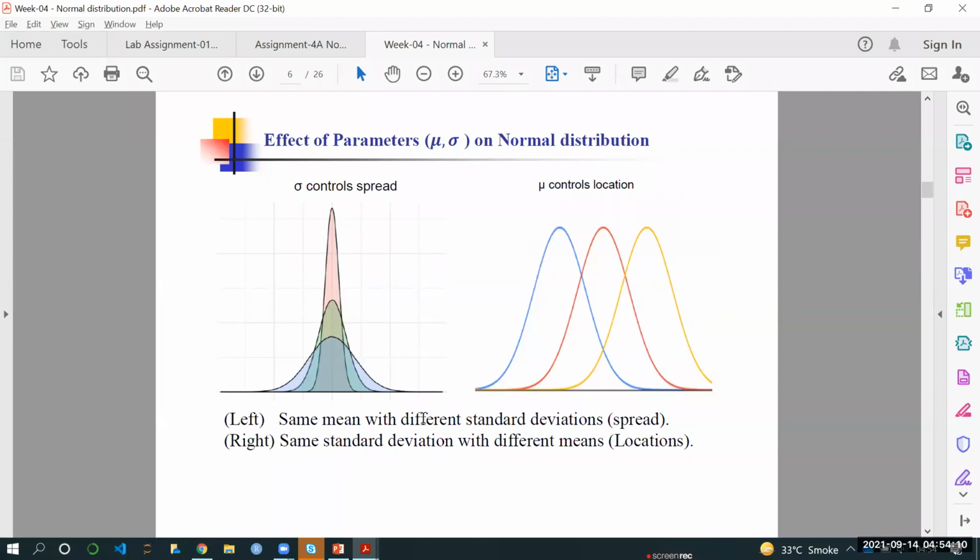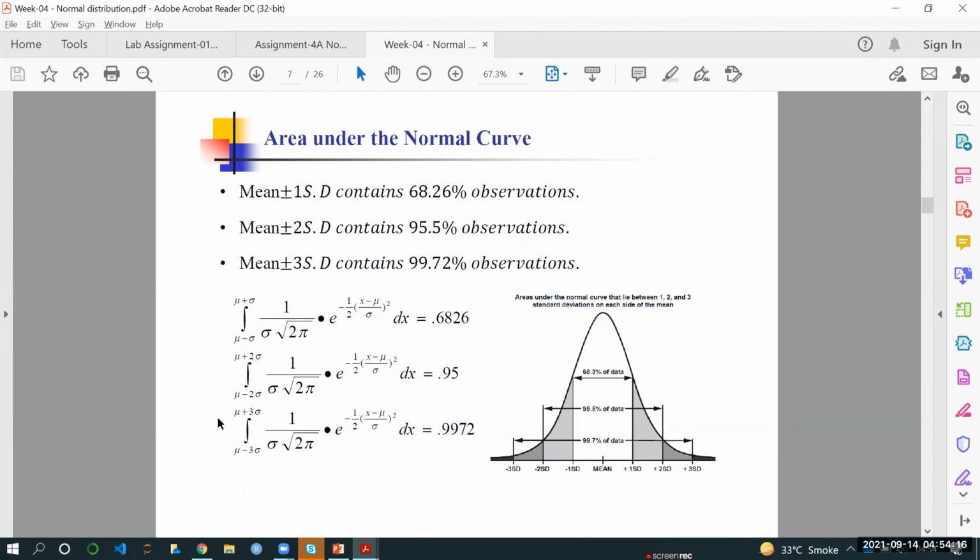In short, we can have infinitely many different curves, because the mean can take any value from minus infinity to plus infinity, and the standard deviation or variance can take values from 0 to infinity, since variance cannot be negative.